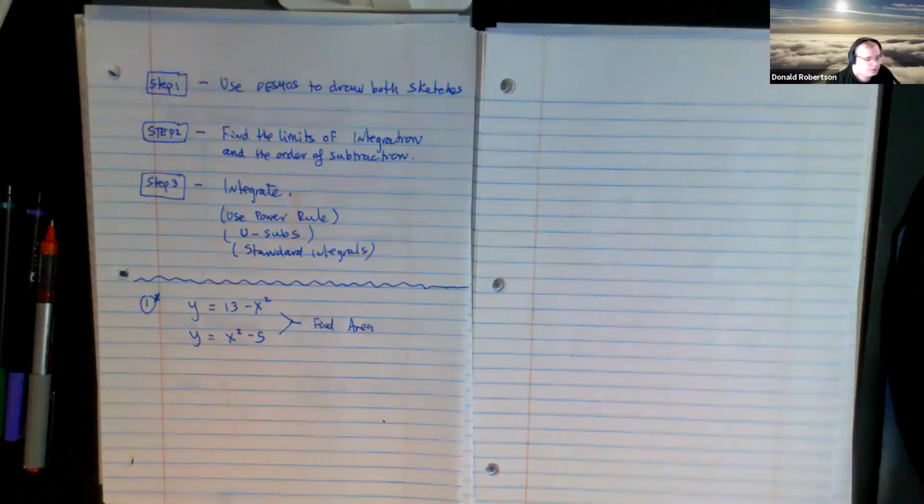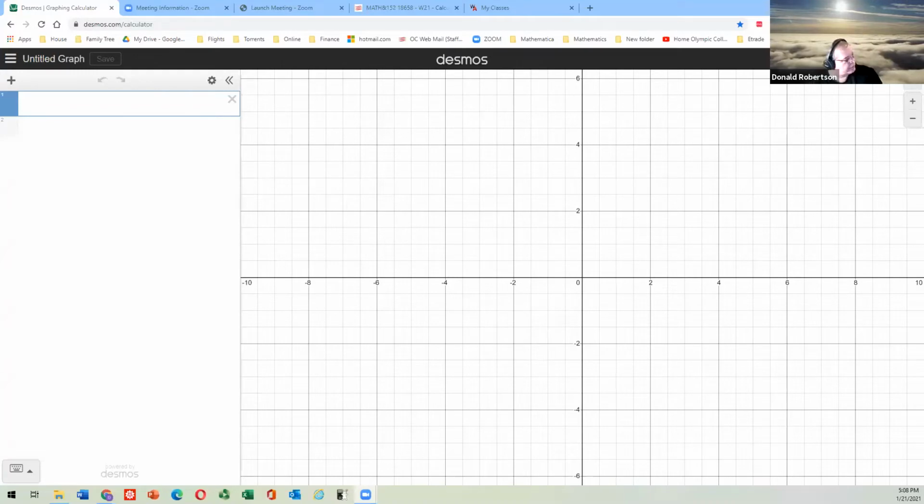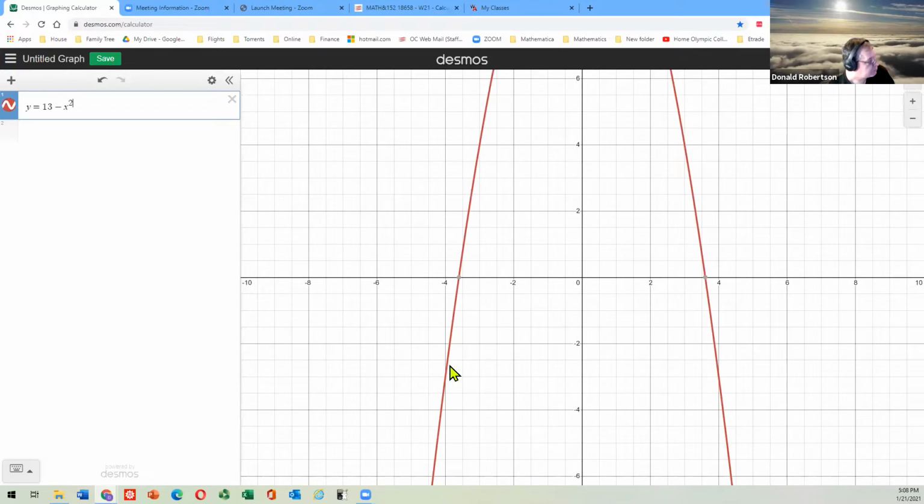Okay, so here goes. Right, now I've got Desmos. Going to go over here and type in y equals 13 subtract x squared. It's not really seeable, but that's fine, we'll fix it.